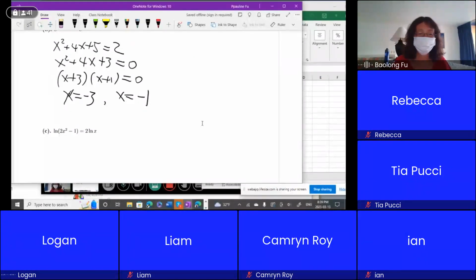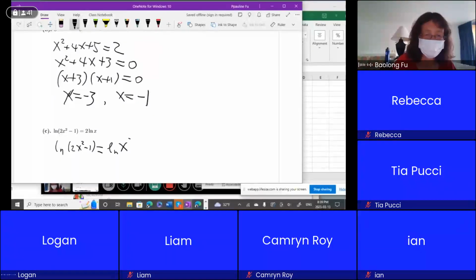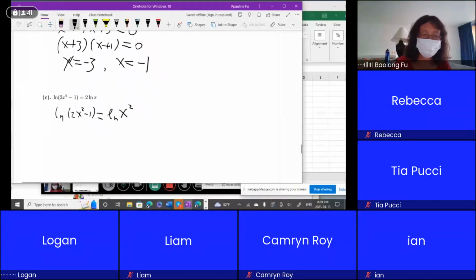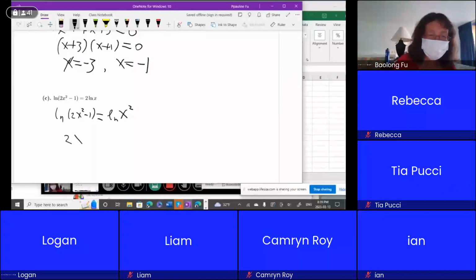Question C. First, copy down left-hand side, then rewrite right-hand side to ln x raised to power 2. After that, 2x squared minus 1 equal to x squared. And move right-hand side to left-hand side.